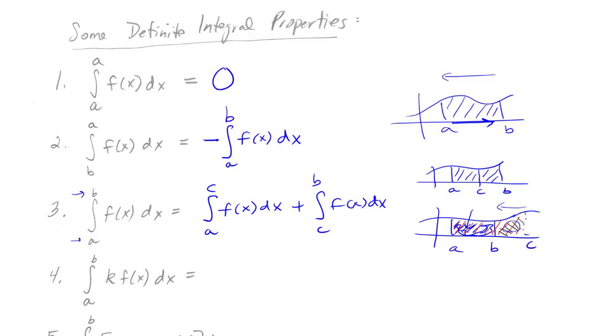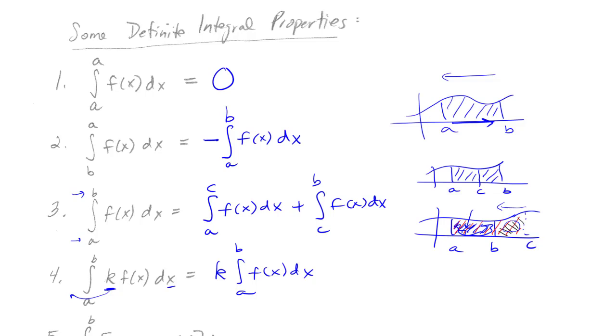Okay, so what about the integral from A to B of k f of x dx? When we had indefinite integrals, we saw we could factor out the k, and we can do that here as well. If you have a constant, in other words, something that isn't involved in the variable of integration, then it can come out.